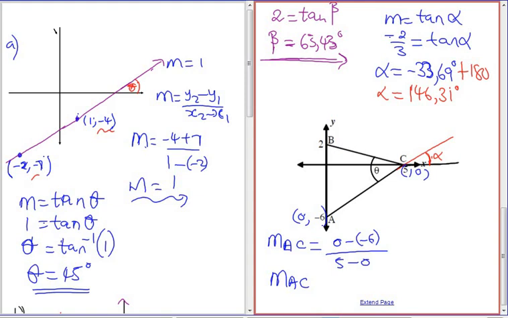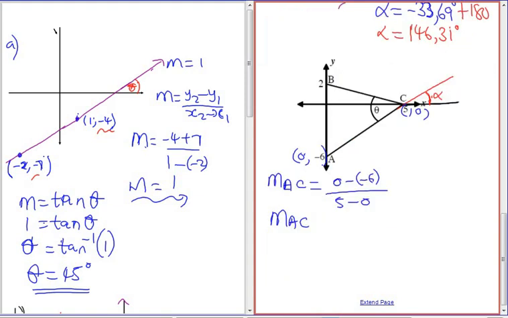So it is 6 over 5. So to get the angle alpha, you just have to use that formula for gradient, okay? M is equal to tan theta, and this time it is alpha, so I just took one quick shortcut there. So alpha in this situation will be some 50.19.